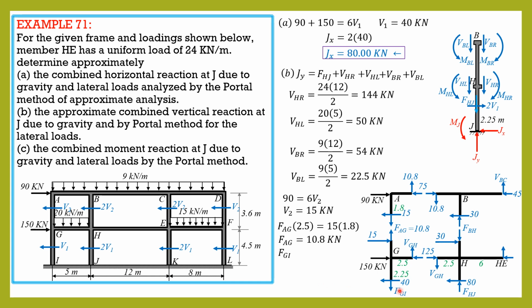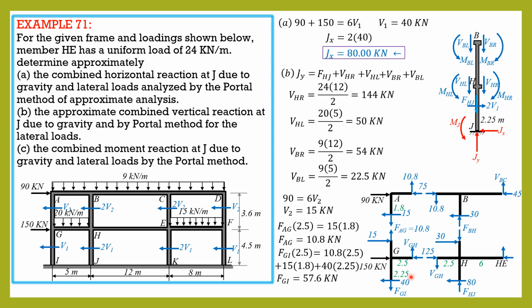Next is considering this free body diagram. Let's sum up moment about GH. So FAG is 10.8. So FGI times 2.5, summation moment here, equals 10.8 times 2.5 plus 15 times 1.8, plus 40 times 2.25.